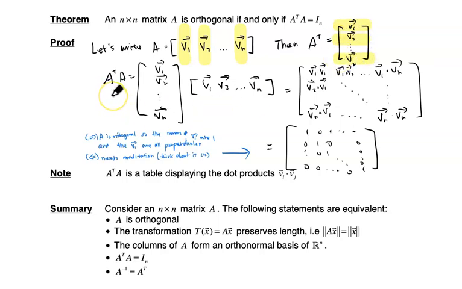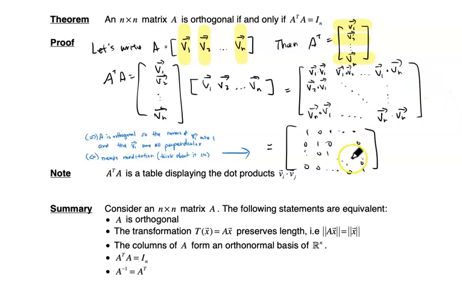If we proceed to multiply A^T with A, and you think a little bit, you will realize that is the final matrix we obtain. It's a large table of dot products: v1.v1, v1.v2, v1.v3, all the way to v1.vn, etc.